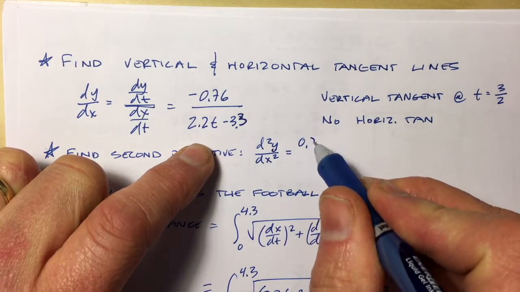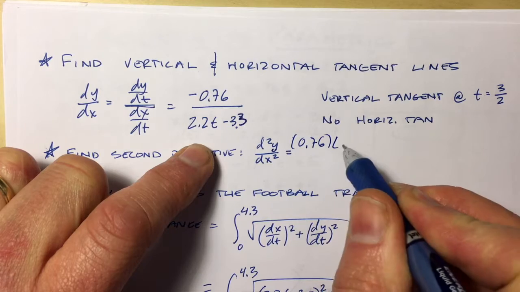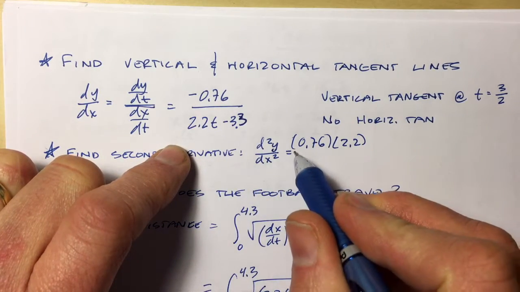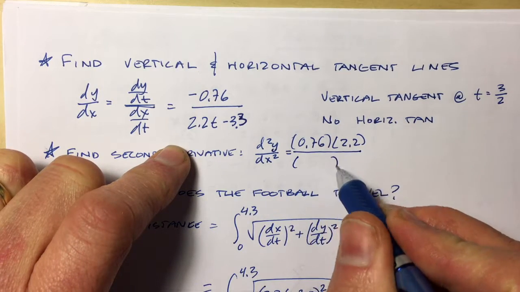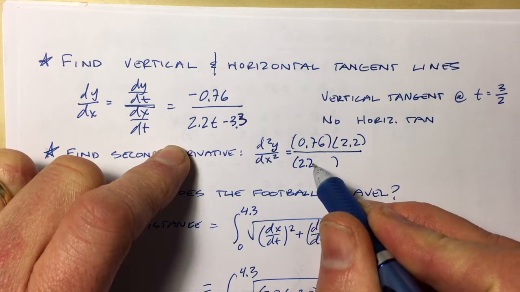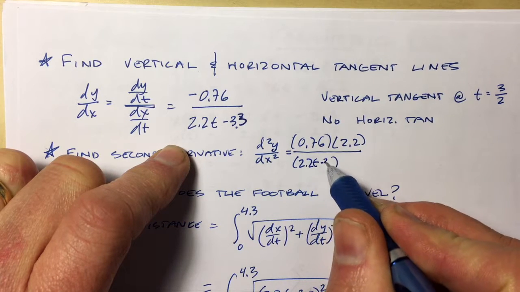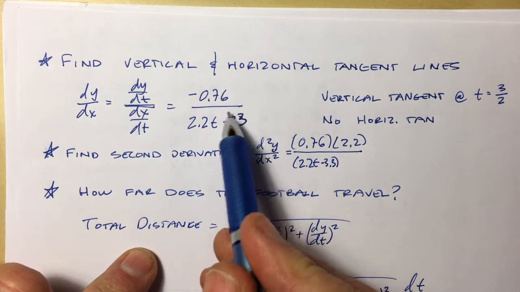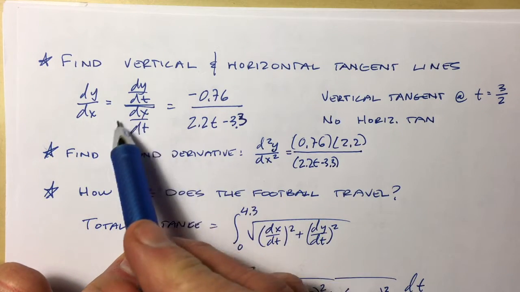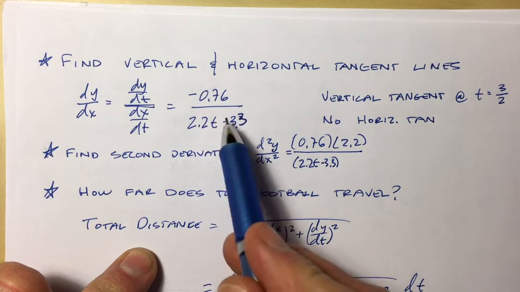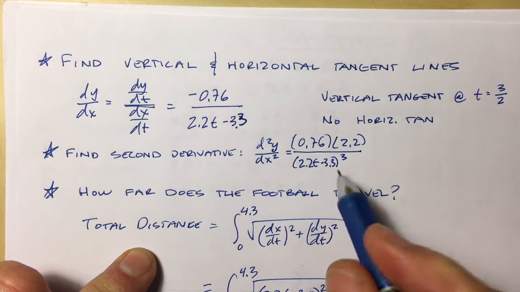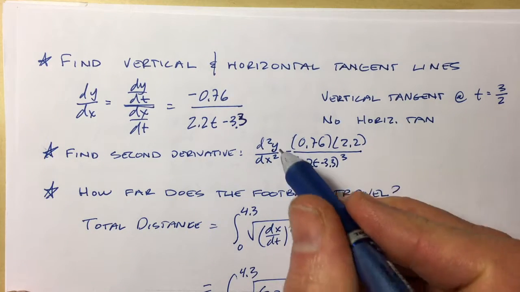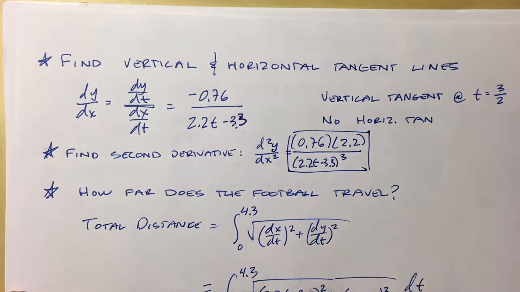So it's going to be 0.76 times 2.2 when I take the derivative of the bottom, and then that's over the denominator squared, (2.2t minus 3.3) squared. That is the denominator of my original fraction, and I add that in again as a multiplier, so it goes from the second to the third power when I divide it again. And that would be the equation for the second derivative.